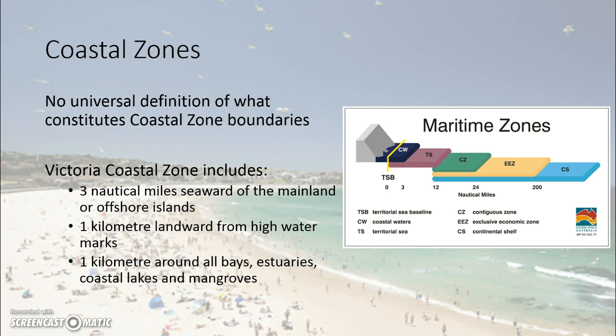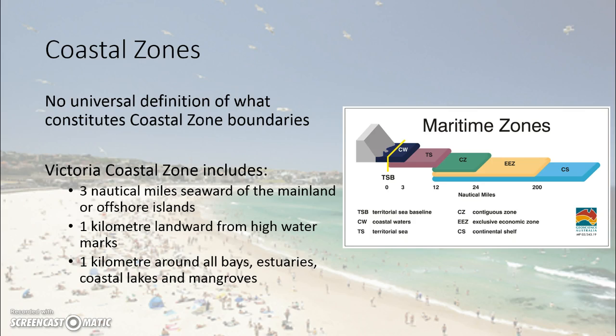Now, when we're talking coastal zones, there's actually a definition of a coastal zone, and for Victoria, that coastal zone includes 3 nautical miles on the seaward side, so out to sea from the mainland and from offshore islands. And the coastal zone actually includes a kilometer back from the high tide marker.